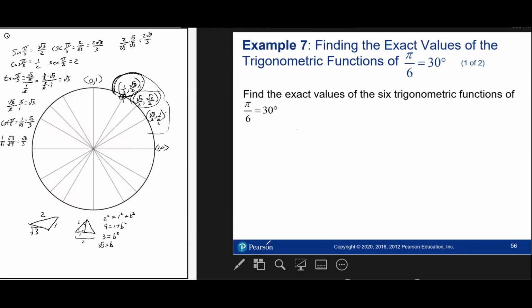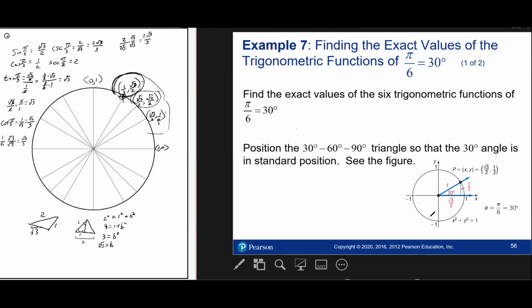Okay. Now, yeah. So the sine of 30 is the same as the cosine of 60, because our x and y here are reversed of our x and y here.